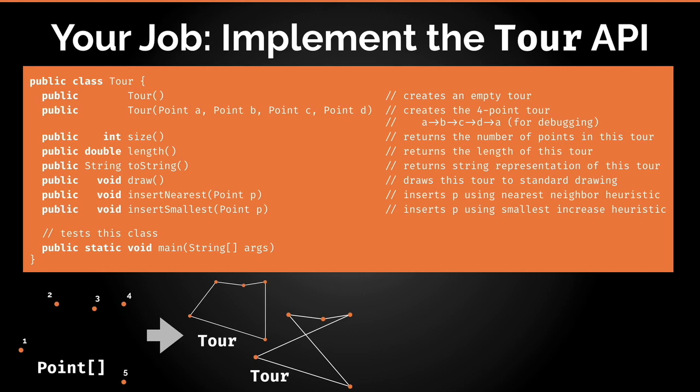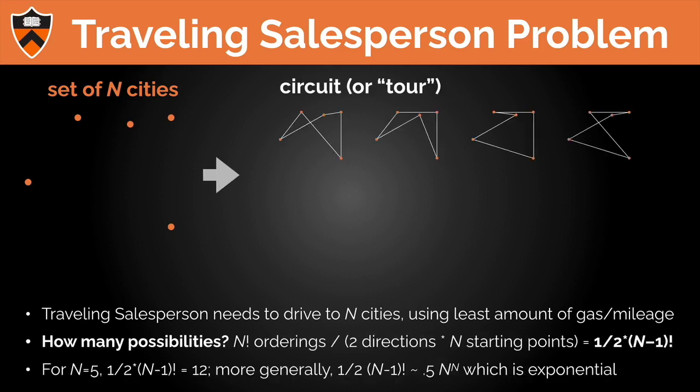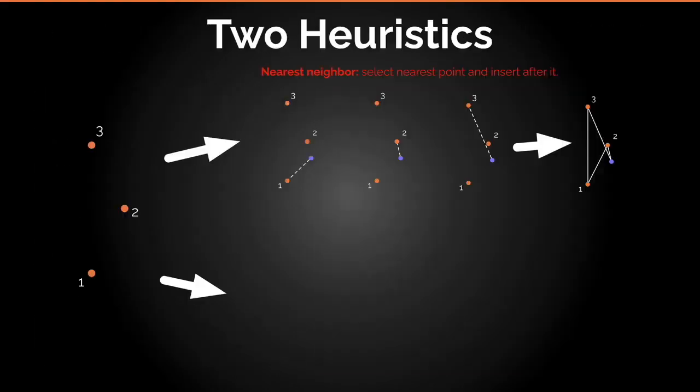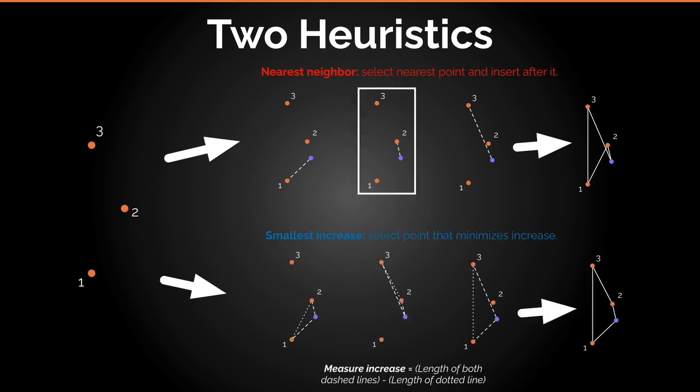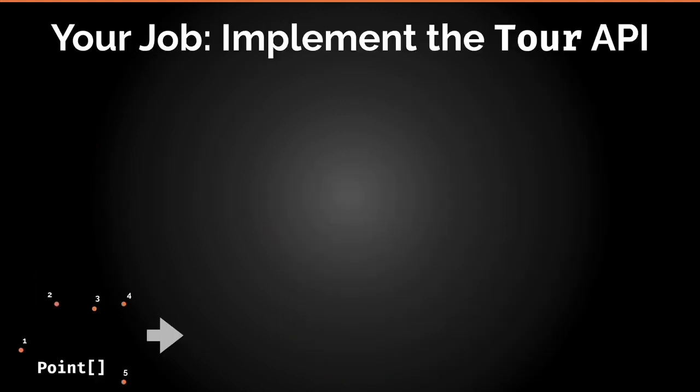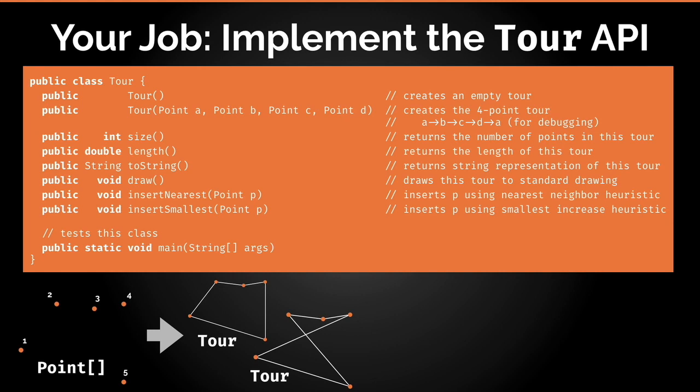In the same way that in my examples I had an example with 3 points and I saw whether the heuristics were working correctly, you should be creating a tour with 4 points and seeing whether your heuristics are working correctly.